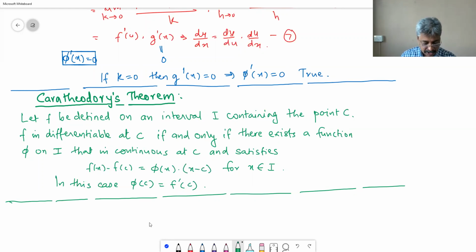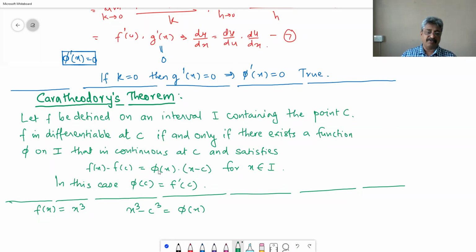The example is x cube minus c cube. Suppose that is our function, then f of x is equal to x cube. So what is f of x? x cube. What is f of c? c cube. So x cube minus c cube is equal to phi of x times (x minus c).